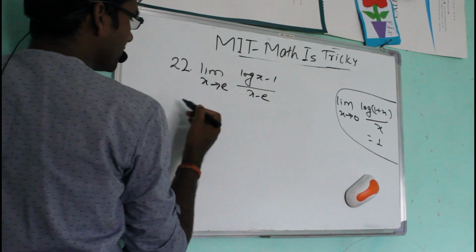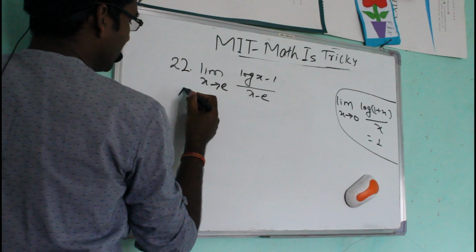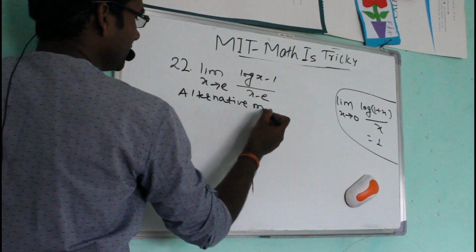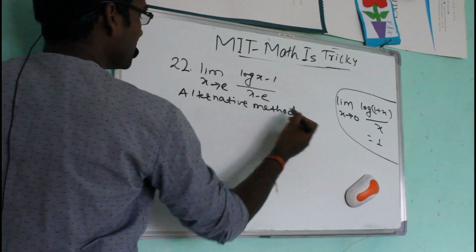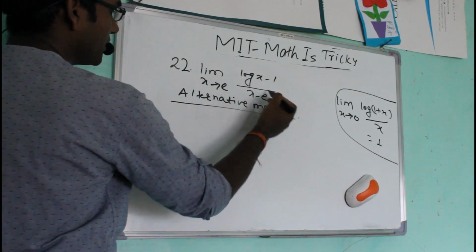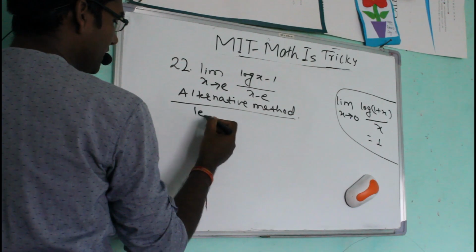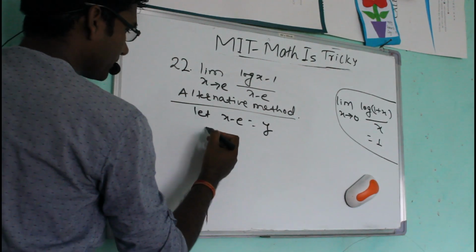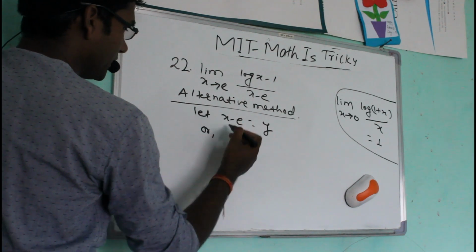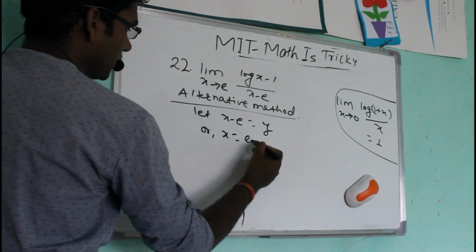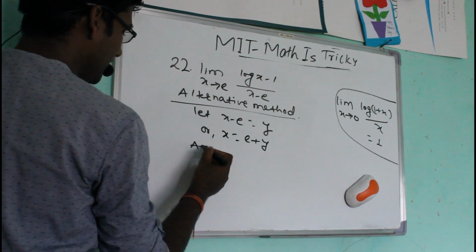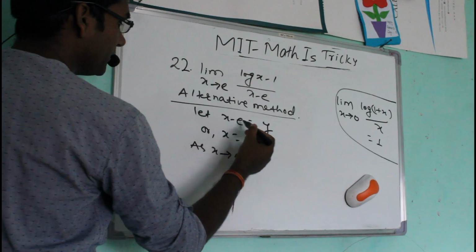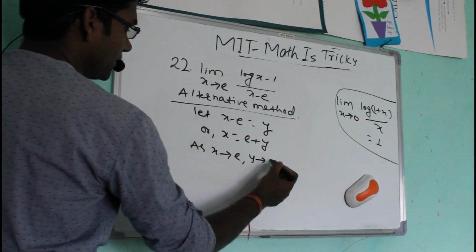So the alternative method to solve the same problem: in this method, I'm just going to suppose the denominator as y. Let x minus e equals y, so that x equals e plus y. And now as x tends to e, if you put x equals e, e minus e is 0, that means y tends to 0.